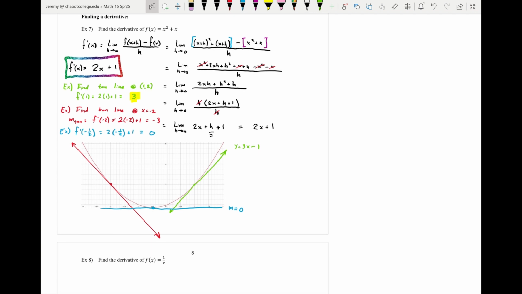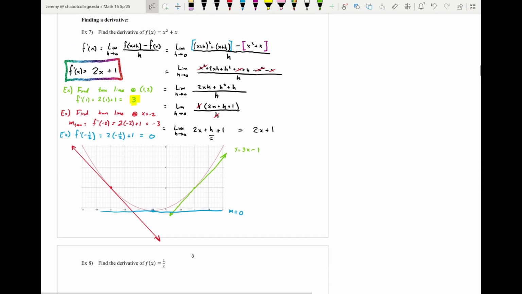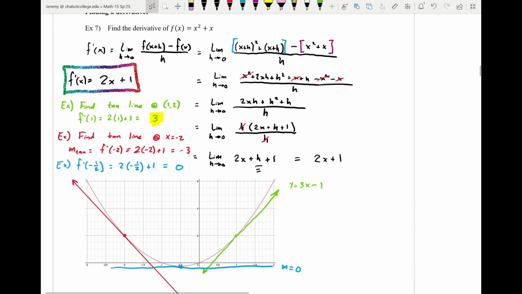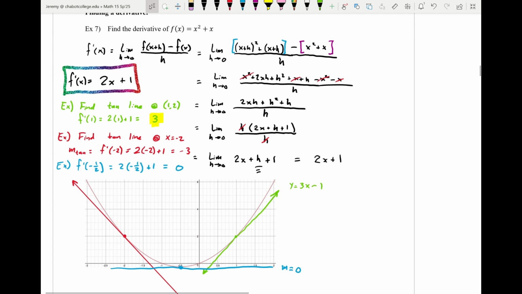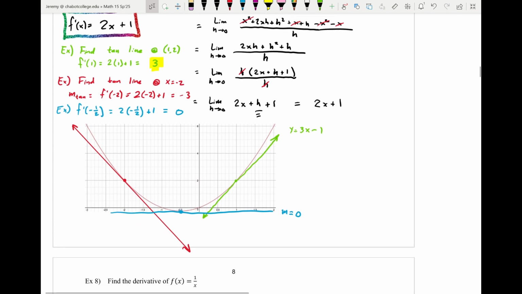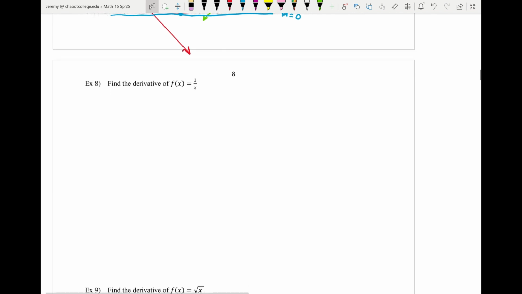So any of the sciences, business, this is incredibly helpful, social sciences, and so on. Wherever there is change relative to time, the derivative is helpful because it gives us the slopes of tangent lines, which gives us the rates of change of functions. More about that later. Let's just try another one of these.